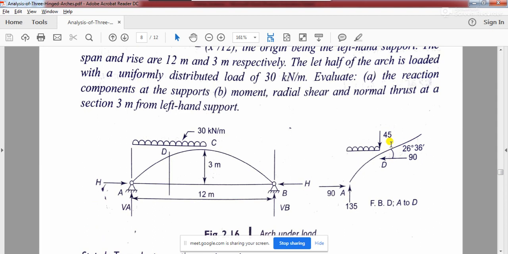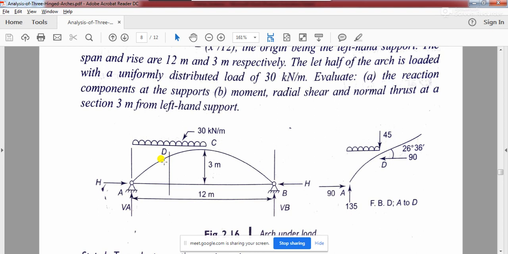So you will have to draw a free body diagram. Please remember, whenever you are asked to find the normal thrust and radial shear, you first draw the free body diagram. If you do not draw the free body diagram, you will make a mistake in calculating the horizontal and vertical forces at that particular point where you are asked to find the radial shear and normal thrust.